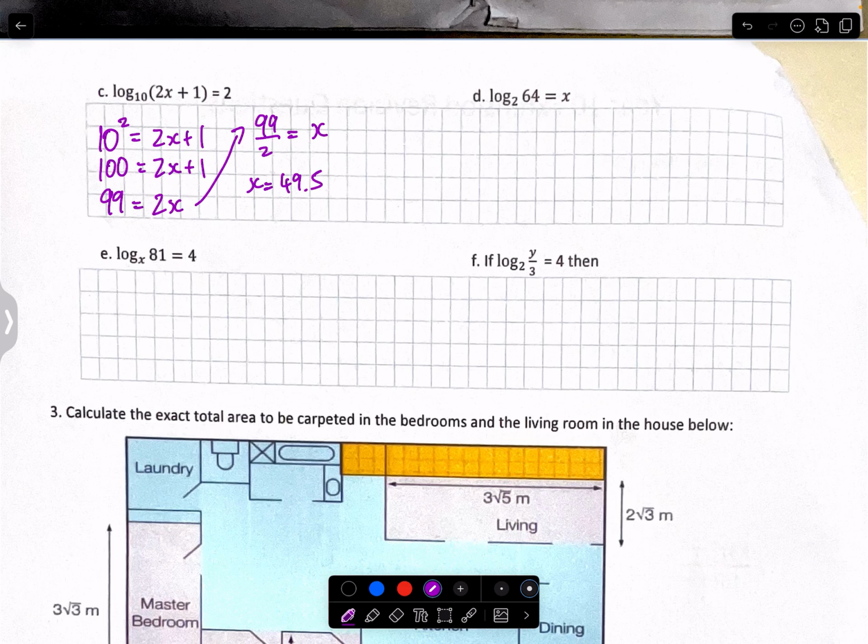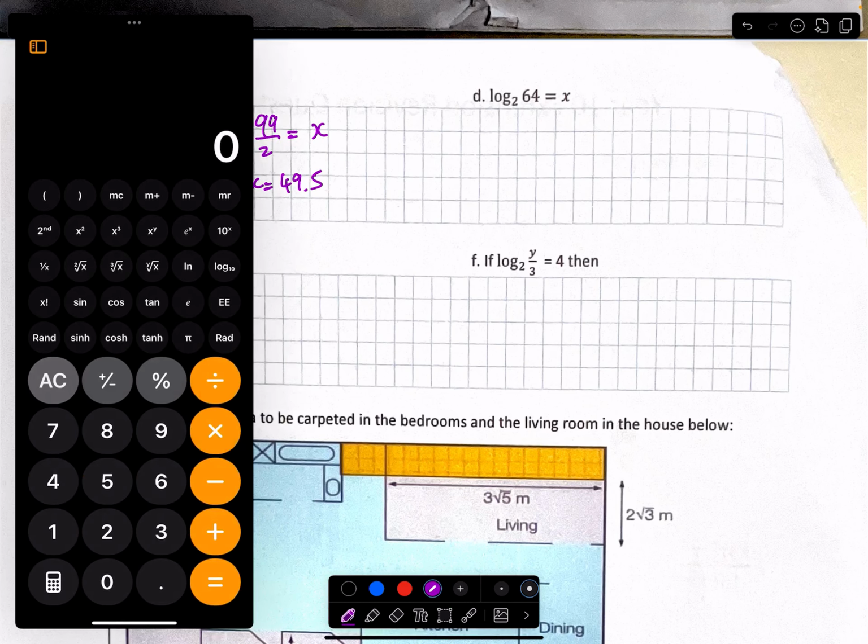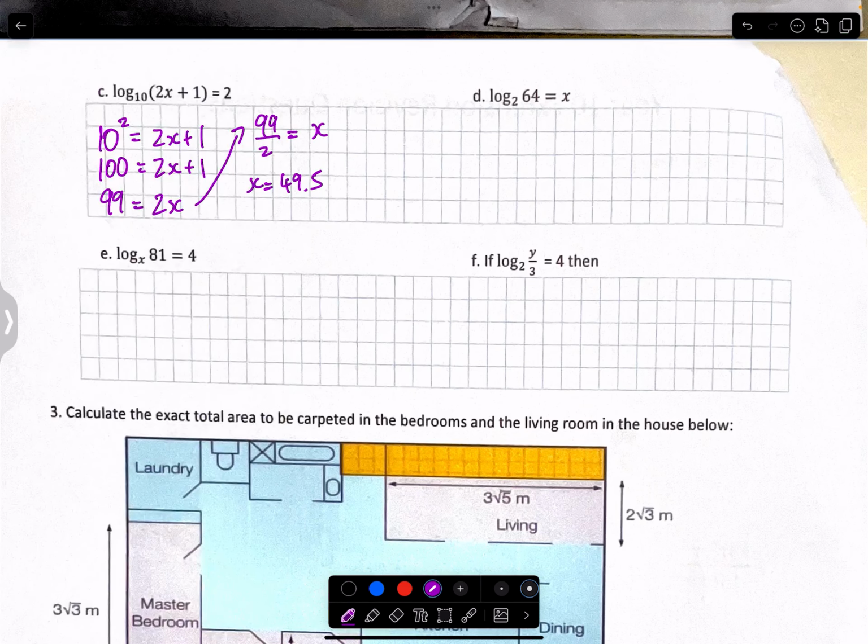Is it 49.5? Yeah, 49.5. 4.5 times 2 is 9. It's one of those things where I don't trust myself. 49.5.